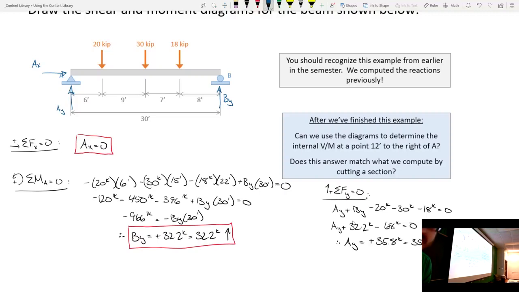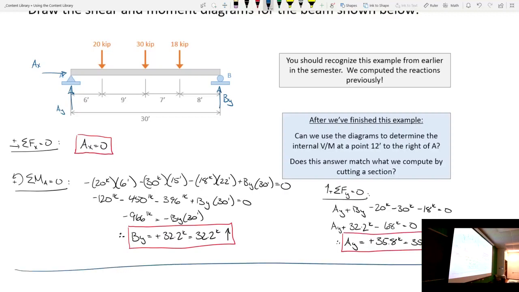I'm going to give everybody a sec to sort of catch up on that. But again, this should not be really all that challenging because we've done this before, okay? I see a couple people writing this down. But we did this problem together in class a few lectures ago. So everything up until now is just regurgitating what we did a while back.